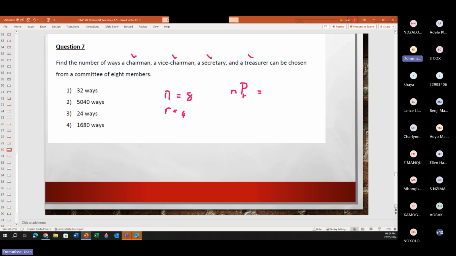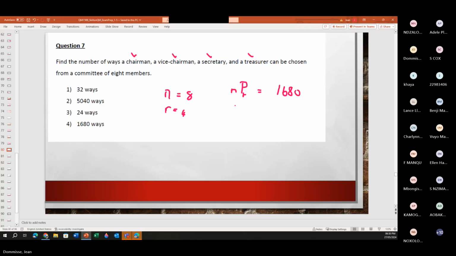So for the permutation, some of the calculators differ. Hopefully I can get it right on mine. I get 1,680. So n is 8, permutation of 4. Okay, 1680.